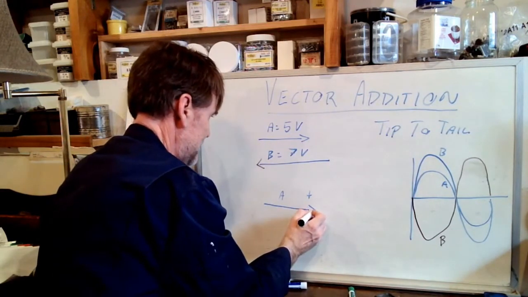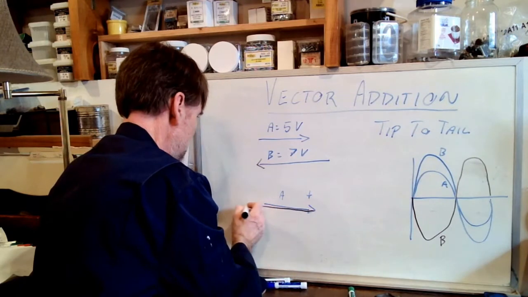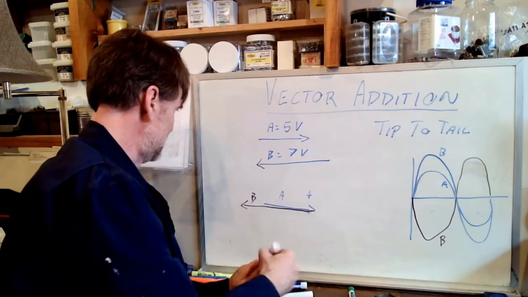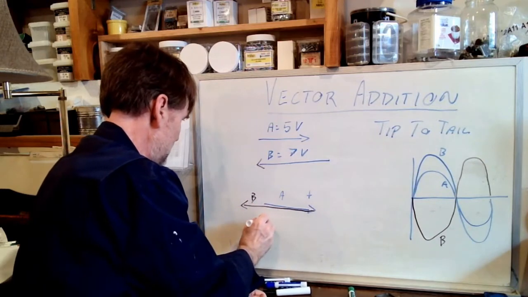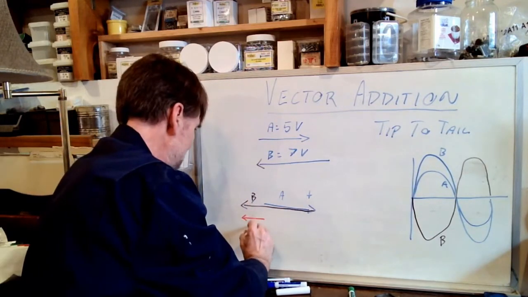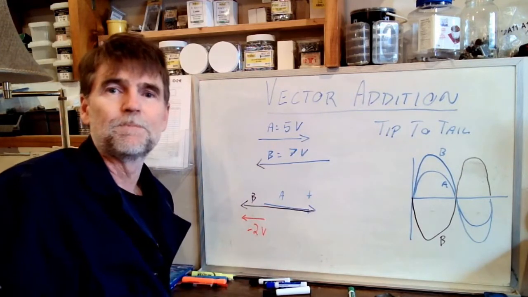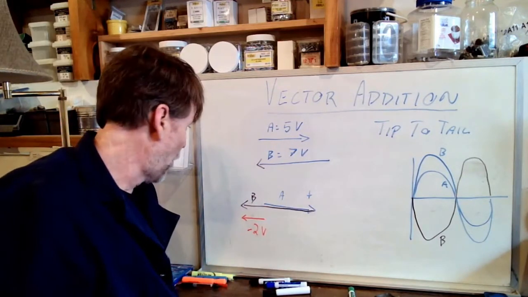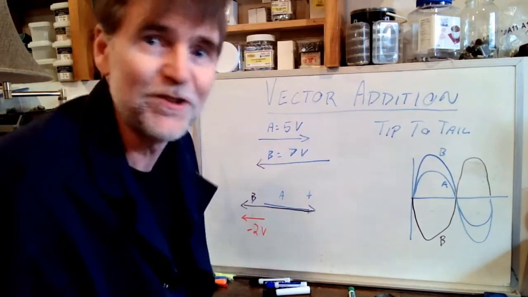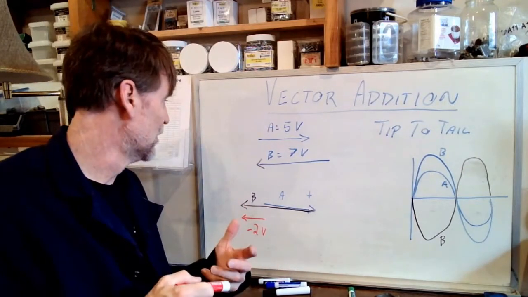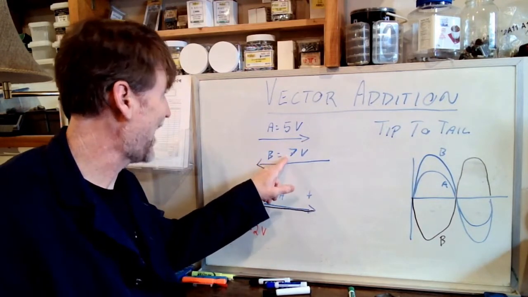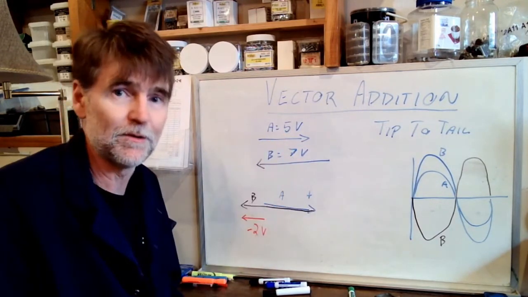So there's vector B, and there's our resultant vector, minus 2 volts. Or 2 volts at 180 degrees, or however you want to decide to recognize that we have subtracted a larger value from a smaller value.